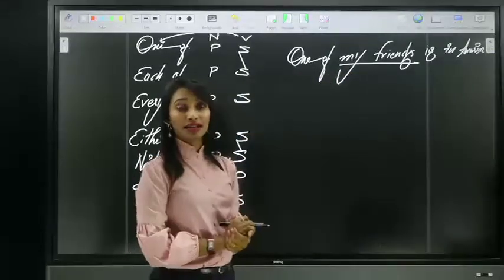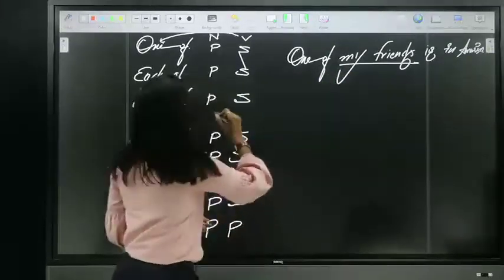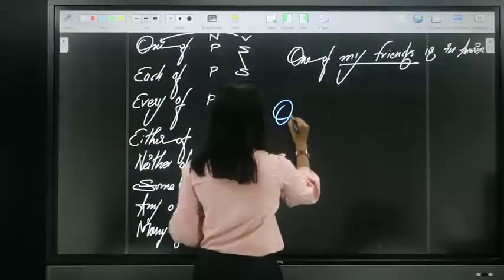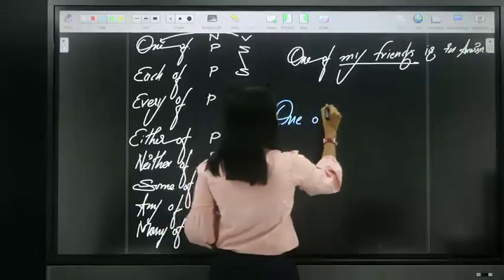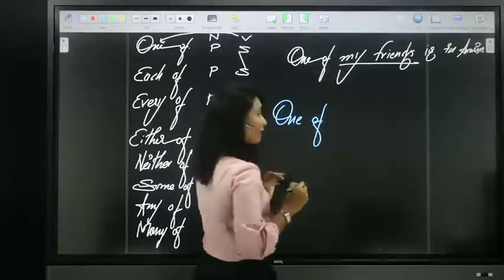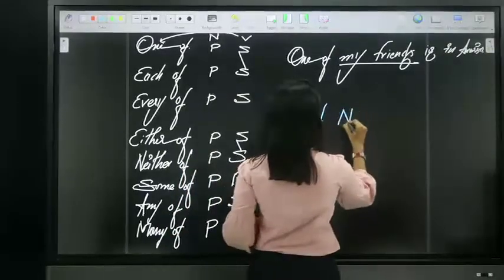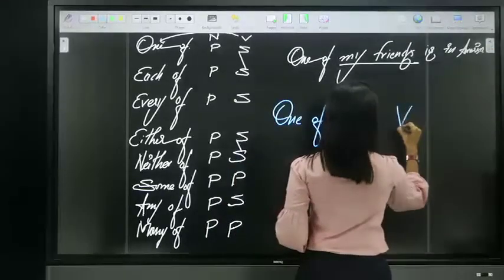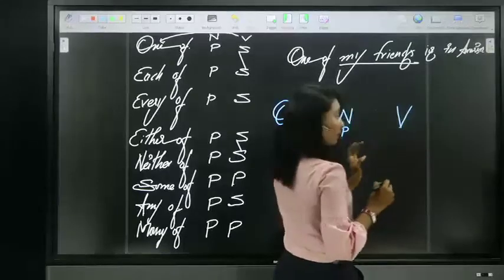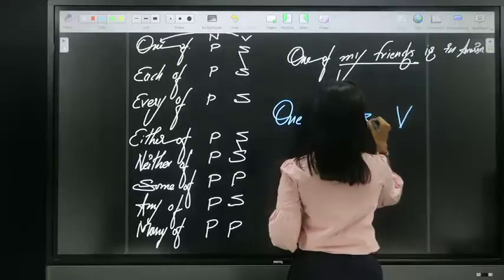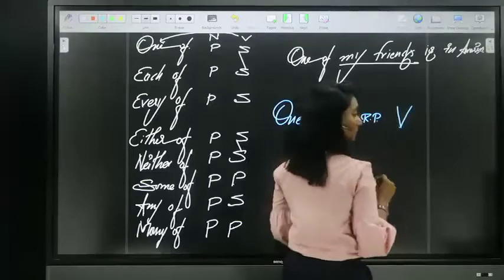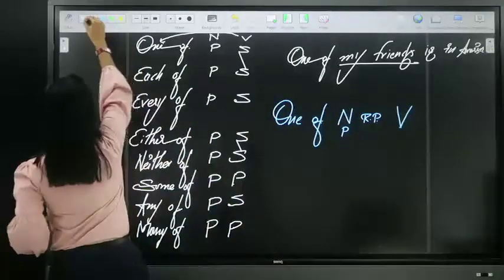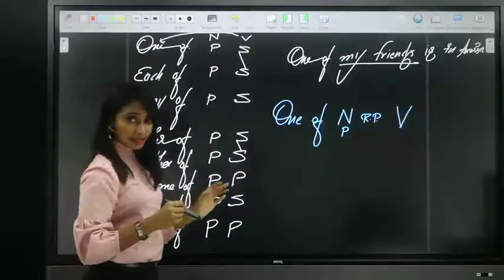But here is an exception. One of generally takes a plural noun and a singular verb. But in between this noun and the verb, if there is a relative pronoun, then it will be different. What a relative pronoun is, I'll be discussing later.